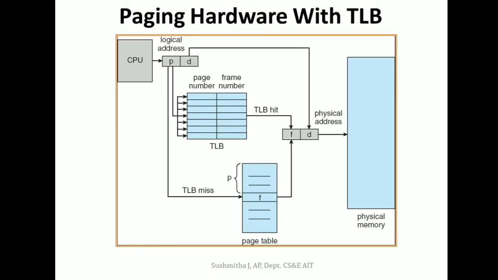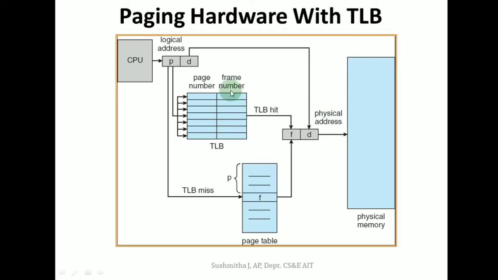When a logical address is generated by the CPU, we check if that page number is present in the TLB. If the page number is present, we call it a TLB hit, and immediately the frame number is obtained and we are able to derive the physical address.